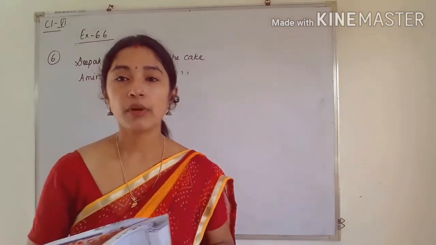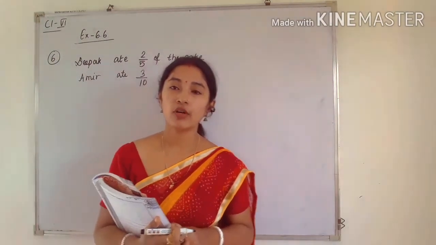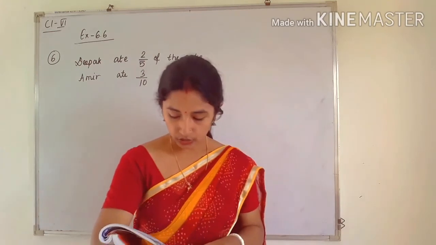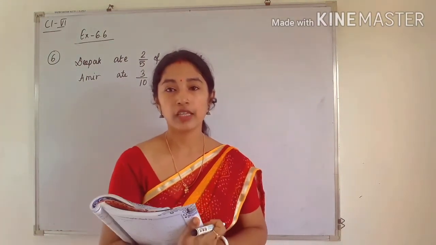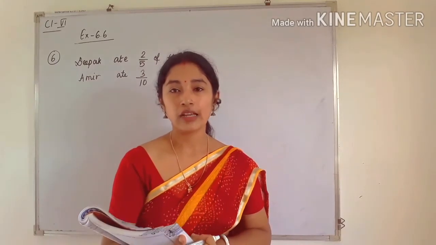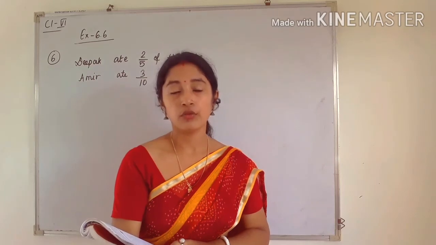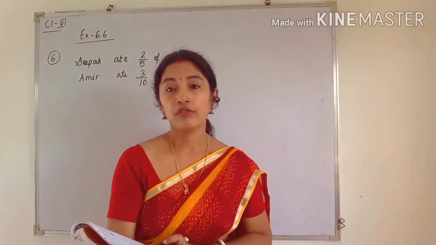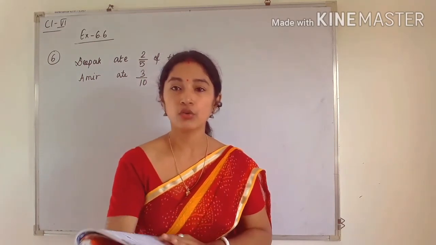Again you have to convert the fraction. So see, the denominators are 2 and 8. So we have to find the LCM first. Like I have already discussed how to find the LCM if one is a multiple of the other. So you have to follow the same steps. So please try to do this one.